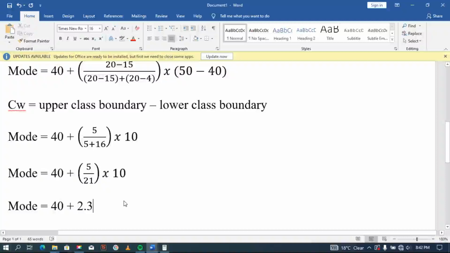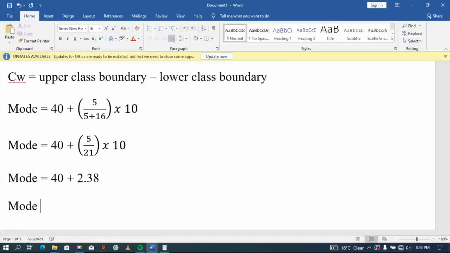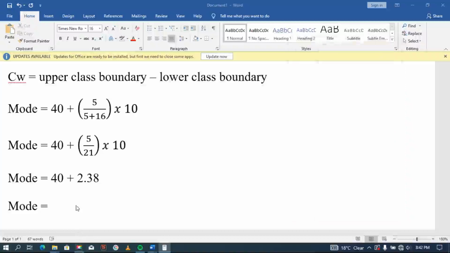So implying that our mode will now be 40 plus 2.38. 40 plus 2.38 will give us 42.38, and this will be our mode.